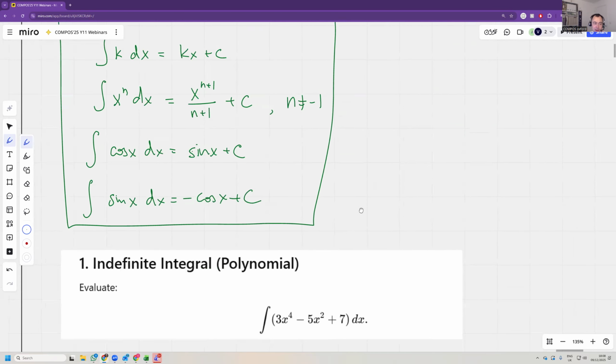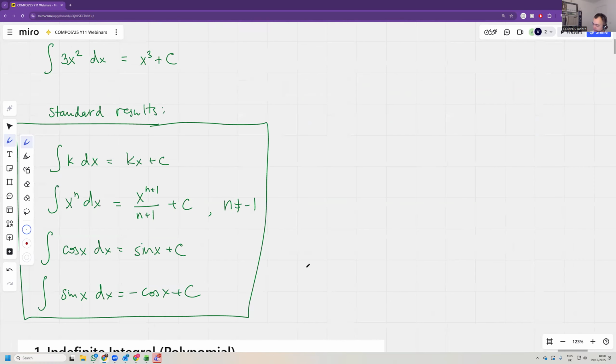Okay, so integral is linear. It's a massively important property. What does it mean that the integral is linear? Linear means that the integral of f plus g is the integral of f plus the integral of g. I'm missing the dx here, but obviously I mean dx, dx, and dx.